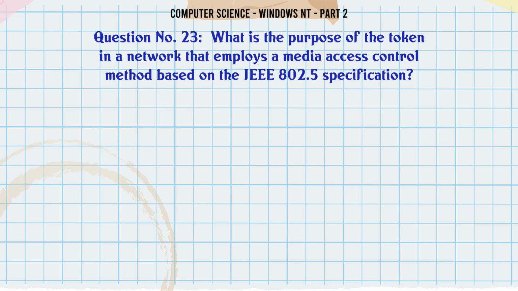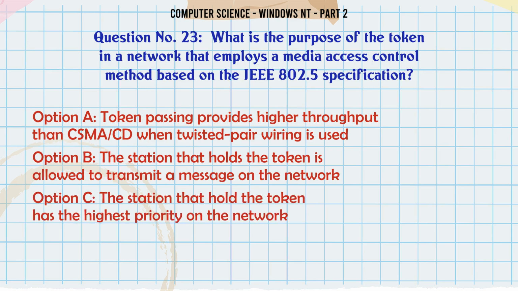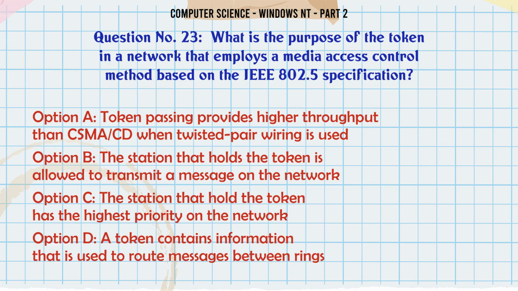What is the purpose of the token in a network that employs a media access control method based on the IEEE 802.5 specification? A. Token passing provides higher throughput than CSMA/CD when twisted pair wiring is used. B. The station that holds the token is allowed to transmit a message on the network.